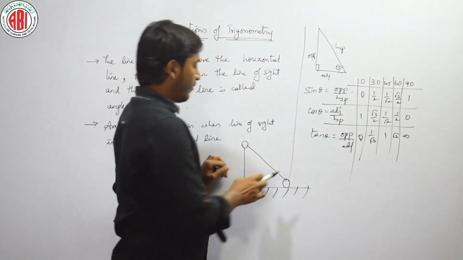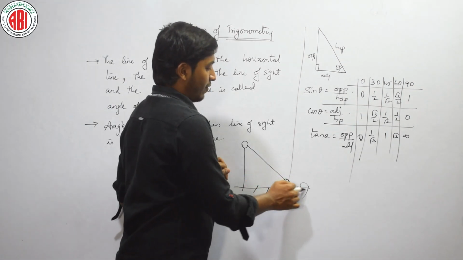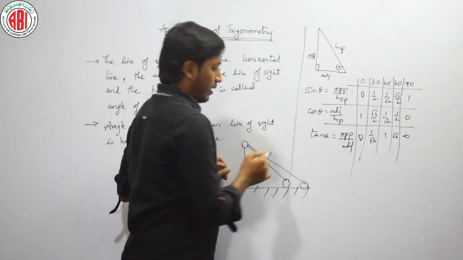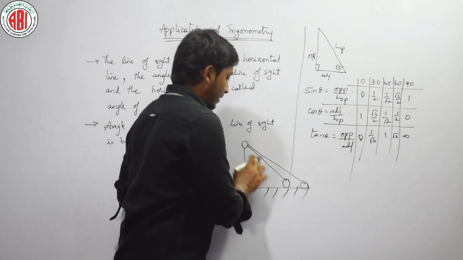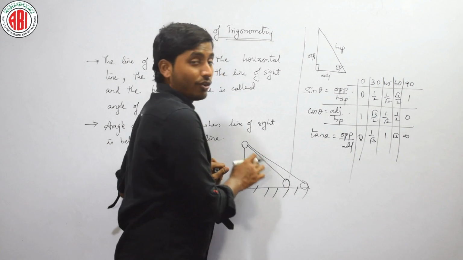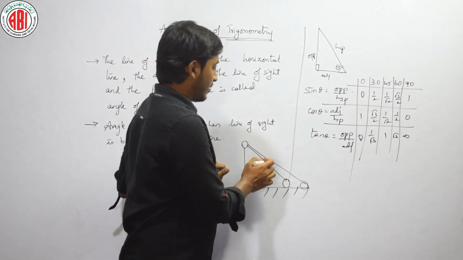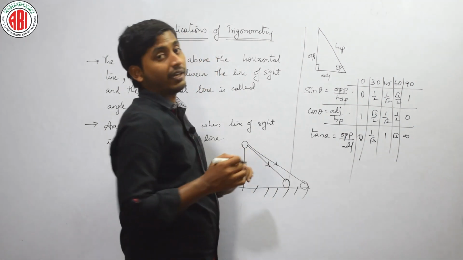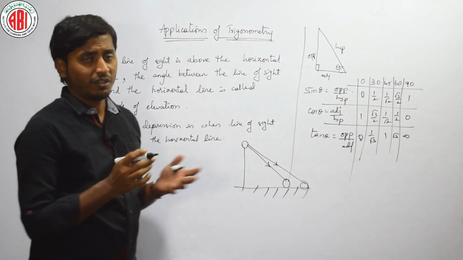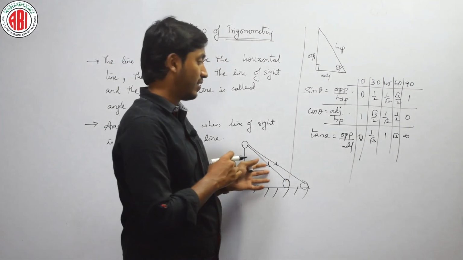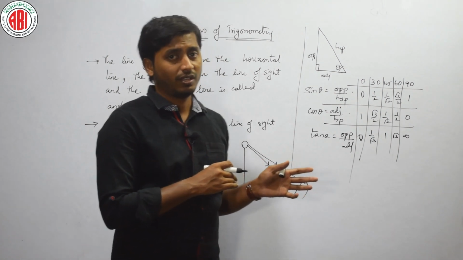Then if the ball moves from this point to this point, what happens? I have to move my eyesight also, right. This line through which our eye sees the object is called the line of sight. You know the definition of line of sight, right? Hope you would have studied the definition of line of sight in your previous sessions also, okay.